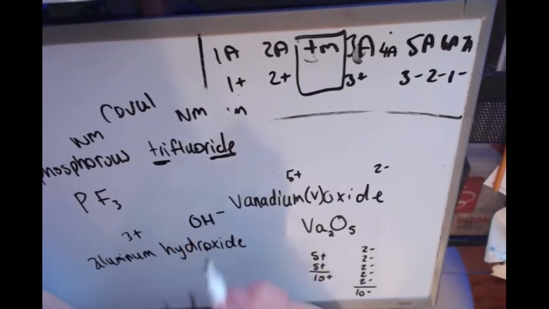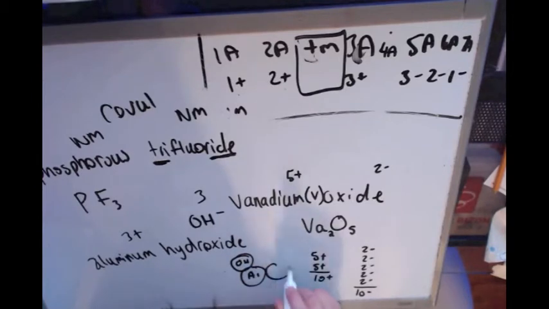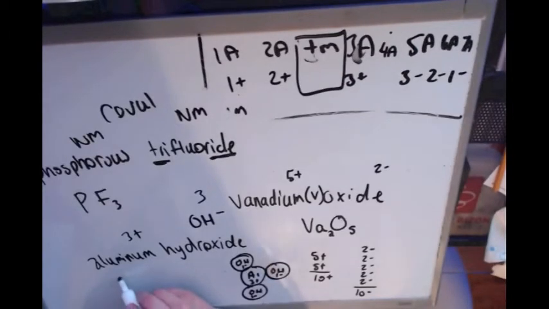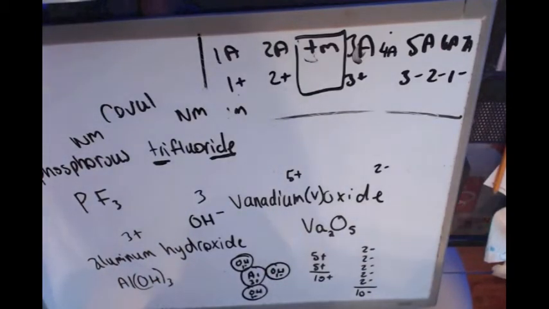But hydroxide has a charge of 1 minus. So how many hydroxides do you need to give you 3 minus? Well, you need 3 of them, right? So that might look like this. Three plus, 1 minus, 1 minus, 1 minus. See how that works? So you write aluminum hydroxide. See how I put that hydroxide in parentheses?